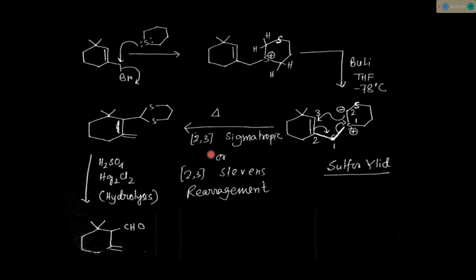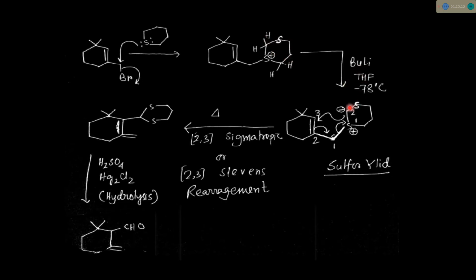Here a 2,3-sigmatropic rearrangement, or Stevens rearrangement, will happen. First the sulfur ylide forms. The sulfur nucleophile attacks this carbon, bromine leaves, by SN2 attack. Since there are two sulfur atoms adjacent to this hydrogen, one positively charged, this hydrogen becomes more acidic.